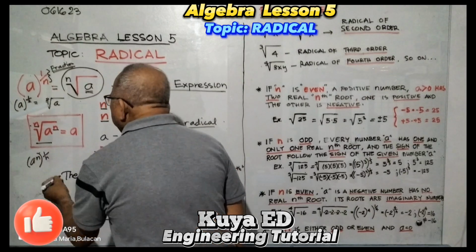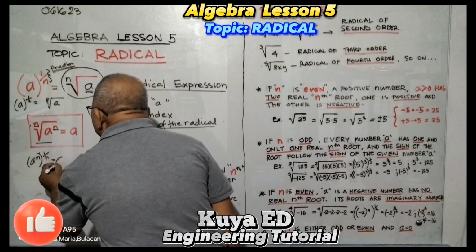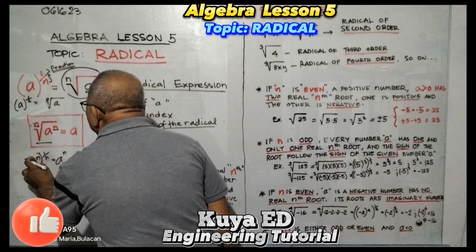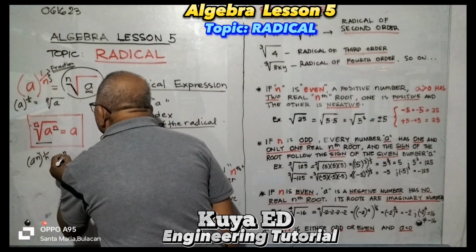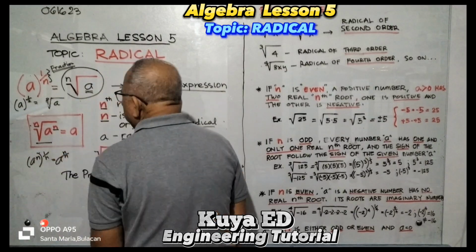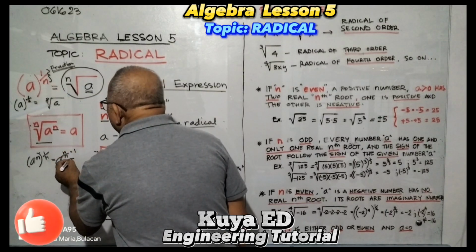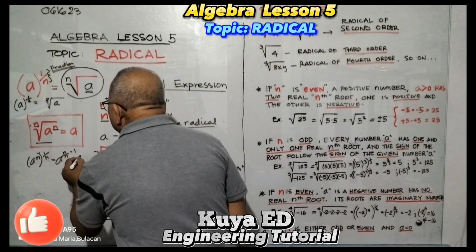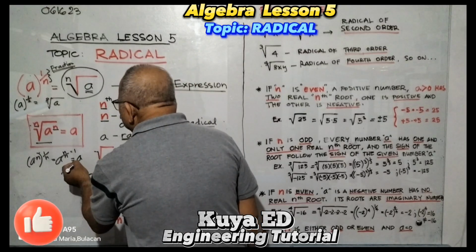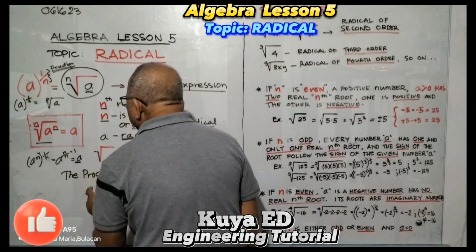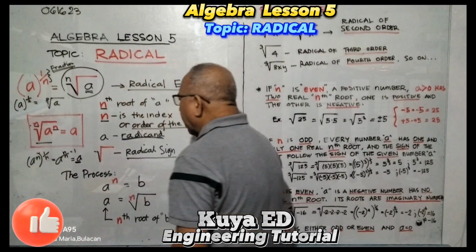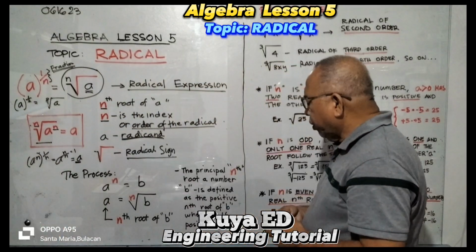Ibig sabihin, A to the n, multiply mo sa 1 over n. So, n over n is equal to 1. Kaya, ang ating value ngayon ay A na lang. So, imaginary, there is a 1 there.